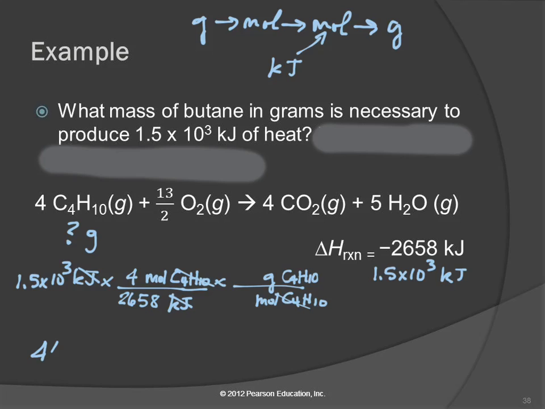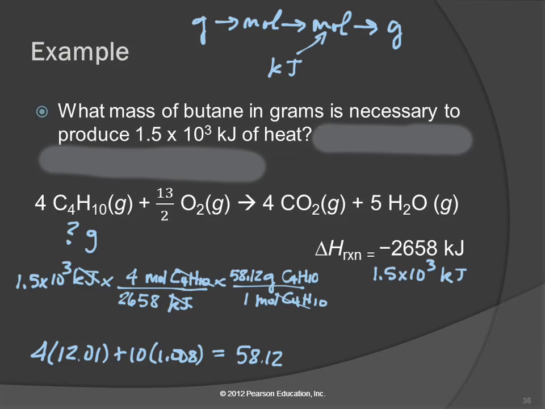We've got 4 times the mass of carbon plus 10 times the mass of hydrogen. 4 times 12.01 plus 10 times 1.008 equals 58.12. That tells us that 1 mole of C4H10 weighs 58.12 grams.